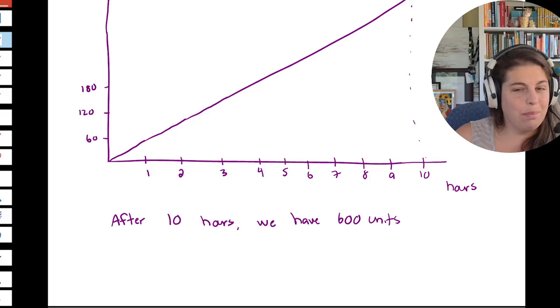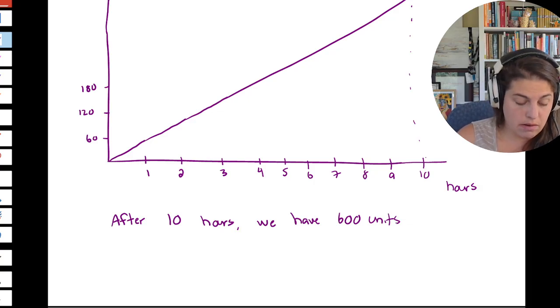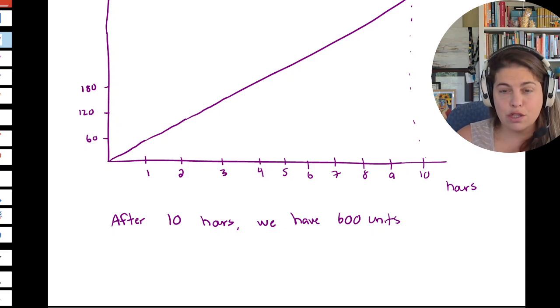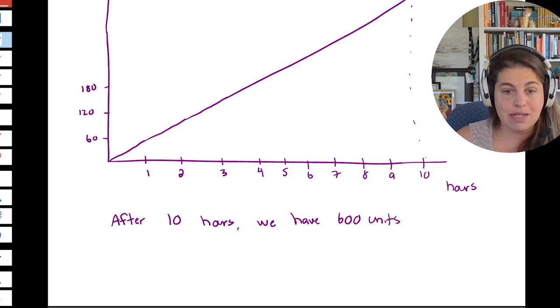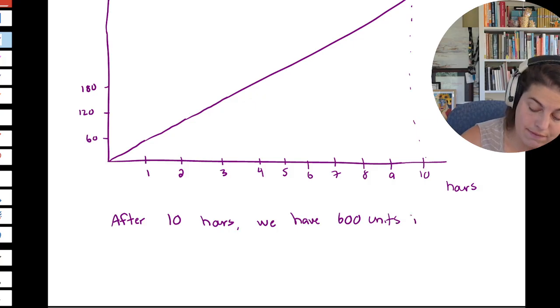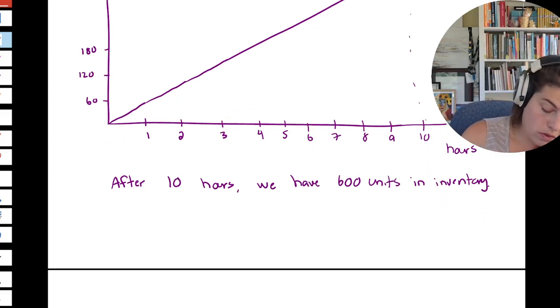Now, the whole point of batching or flow interruption is that we stop producing for a while. And so if I produce 100 and demand consumes 40 every hour, after 10 hours, I've got 600 units in inventory. But remember, demand is 40 per hour.